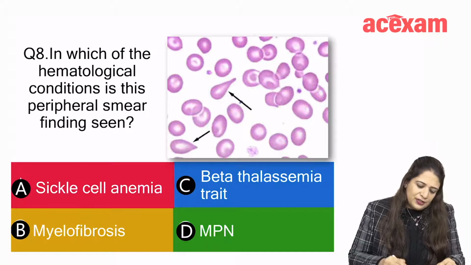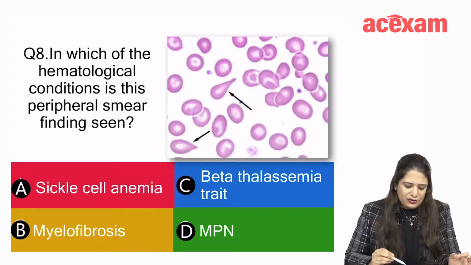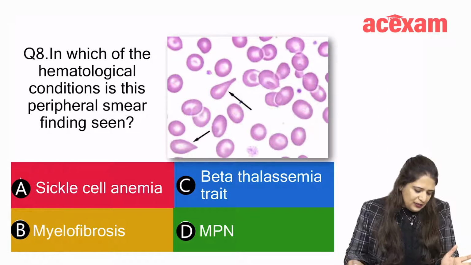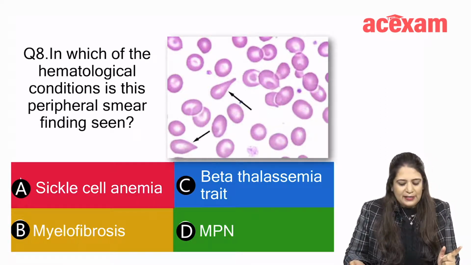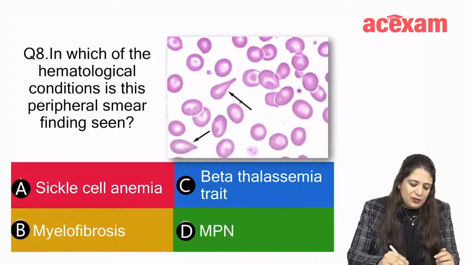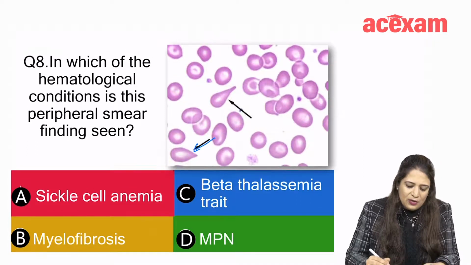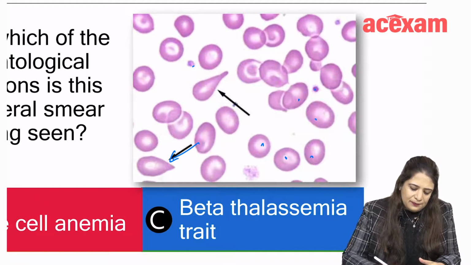So the question here is a very simple question. We tend to like these kind of questions, right? In which of the hematology conditions is this peripheral smear finding seen? And which is this peripheral smear finding? So the examiners are so sweet, they have also provided us with arrows. So they are telling that, look, these are the normal red blood cells, these are the platelets. What are these cells?